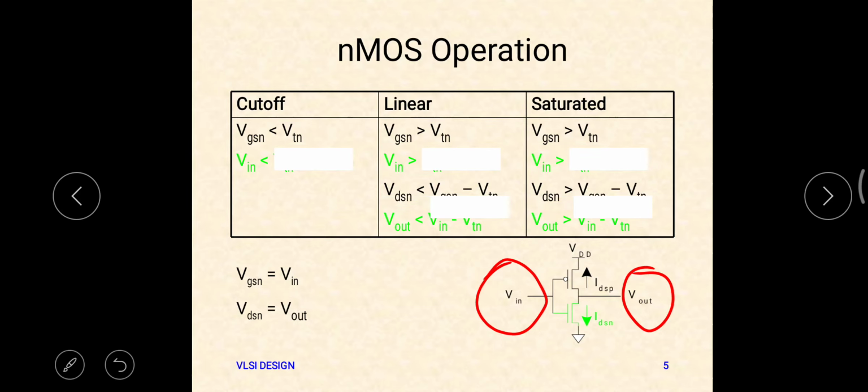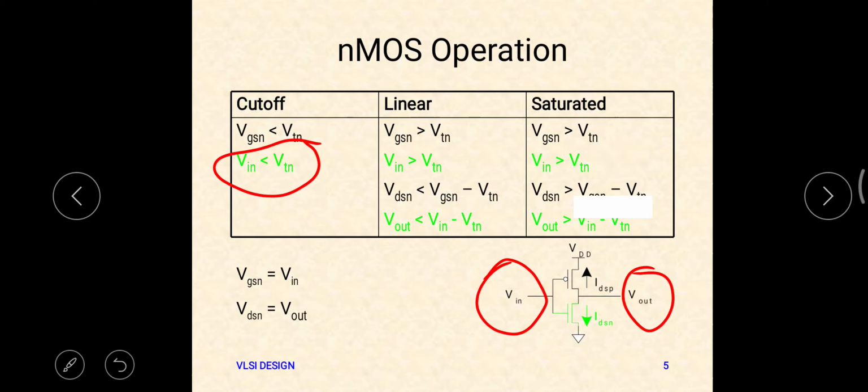So I can change VGSN to Vin. So VGSN is equal to Vin. Simply, I can write that the input voltage is lesser than the threshold voltage for the cutoff region. But in the case of linear, Vin is greater than Vtn. In the case of saturation also, Vin is greater than Vtn.